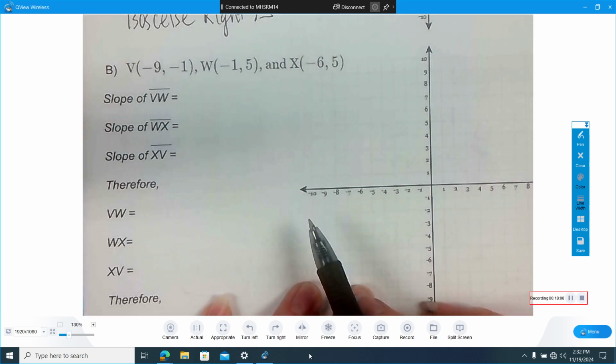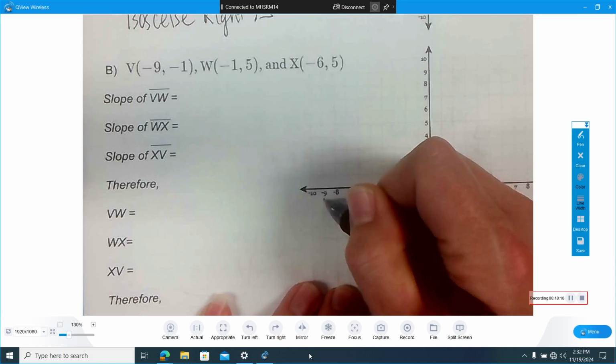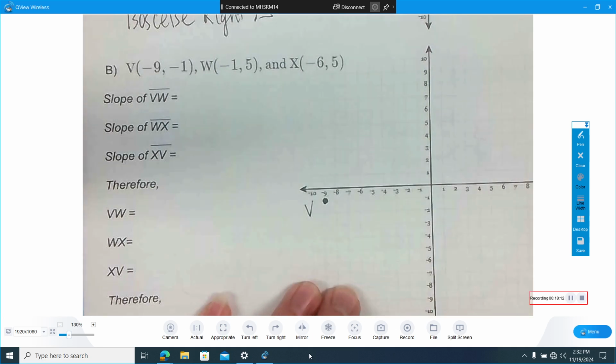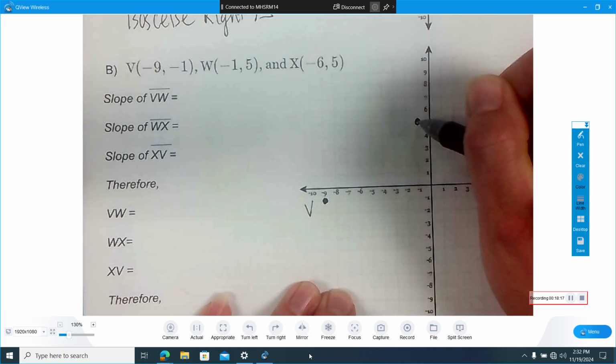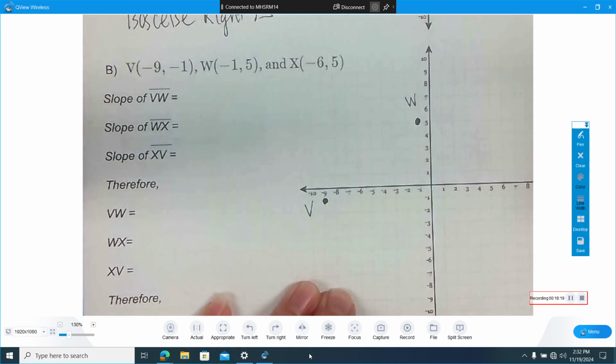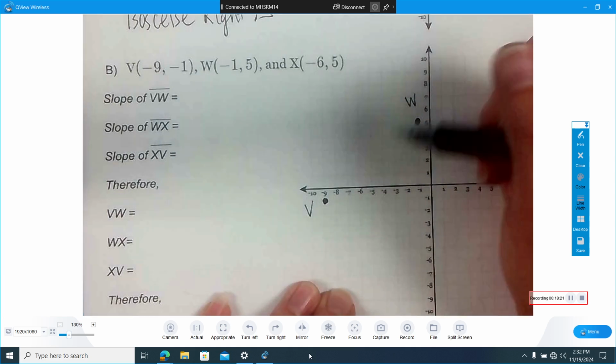All right. V is -9, -1. W is -1, 5. And X is -6, 5.